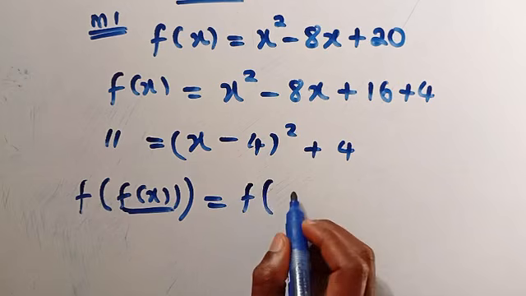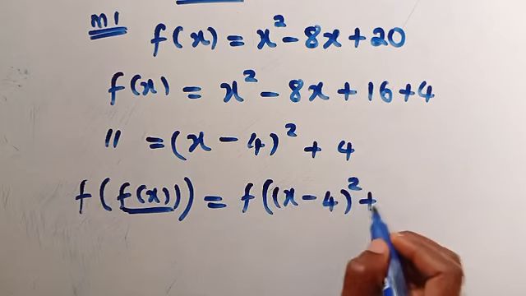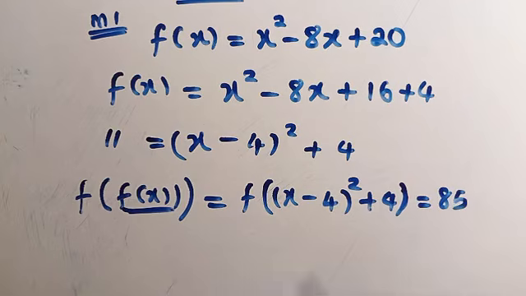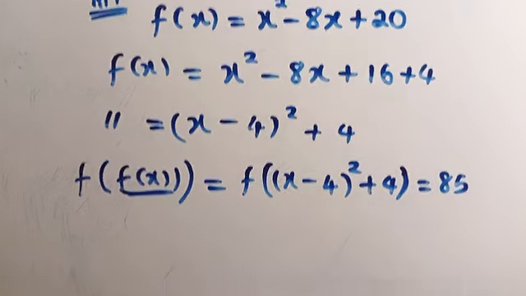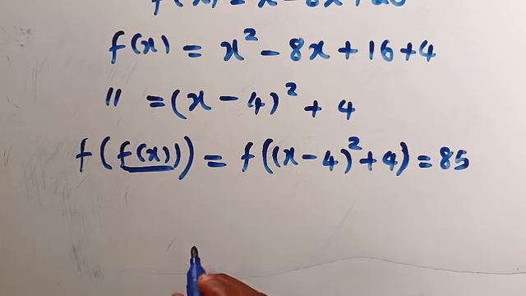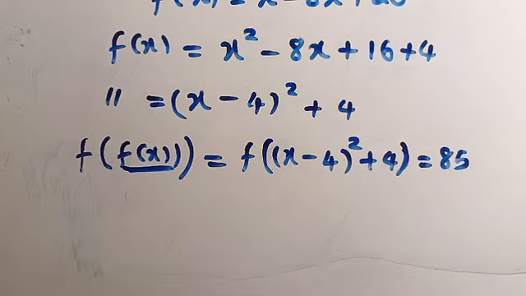Then we are going to have this as f of x minus 4 raised to power 2 plus 4, and everything here will equal 85. But we should not forget that this x itself is an input to another function, all these x minus 4 raised to power 2 plus 4.